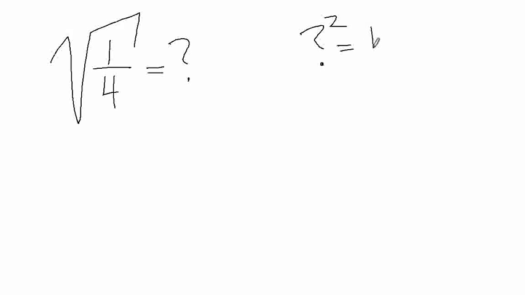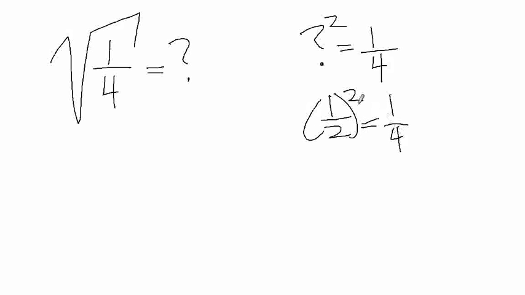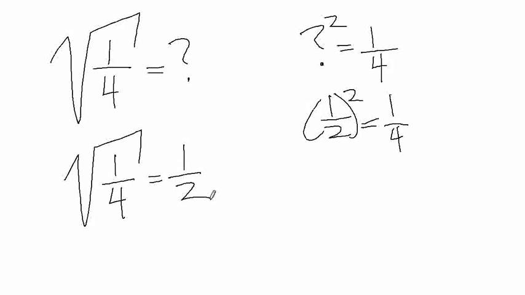So mystery number squared is equal to 1/4. Can you think of a number that if I square it, I'll get 1/4? What about 1/2? Isn't 1/2 squared equal to 1/4? Okay, so that means that the root of 1/4 is equal to 1/2.